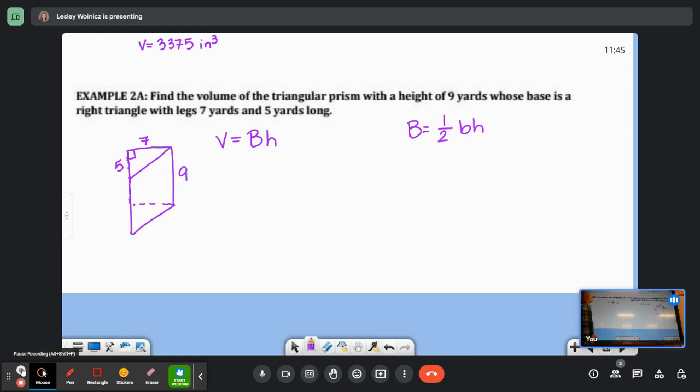Okay, so we're going to find the area of the 5 by 7 right triangle. The base is 1/2 times 5 times 7. So half of 35 is what?